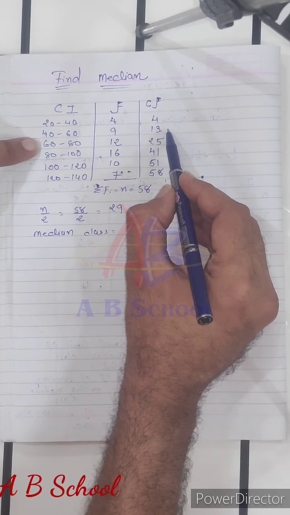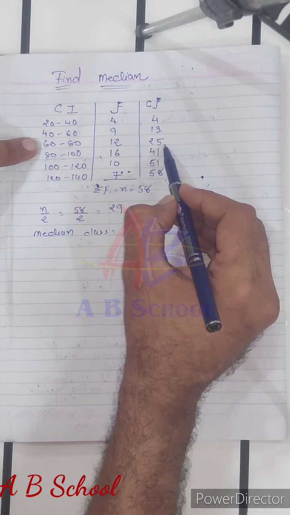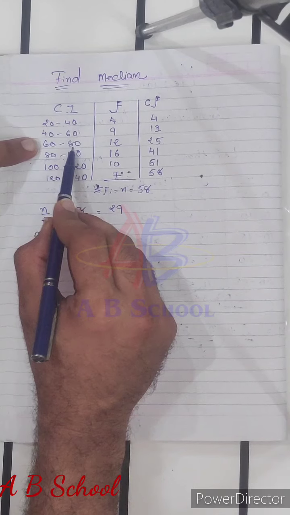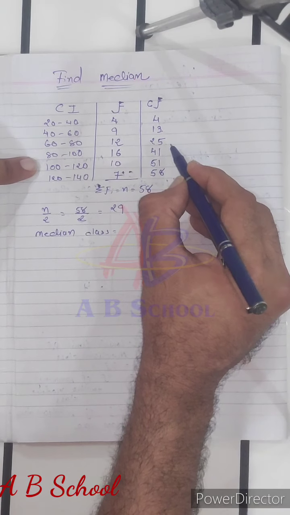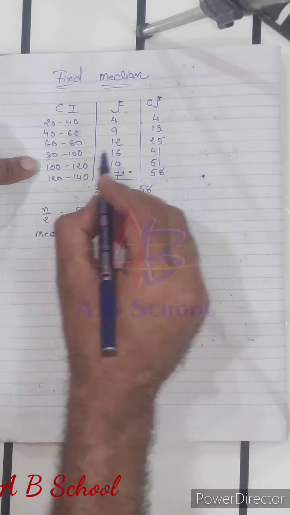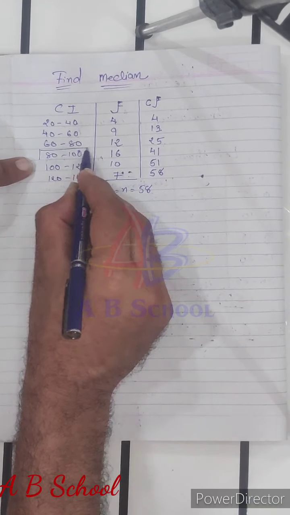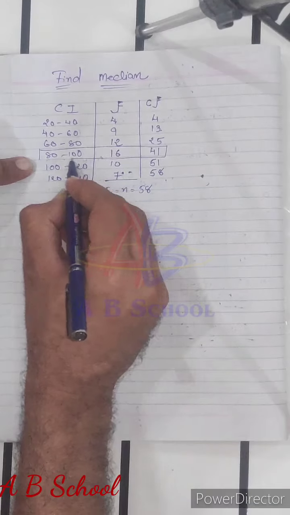The 14th to 25th students are in the 60 to 80 class, and the 26th to 41st students lie in the next class.